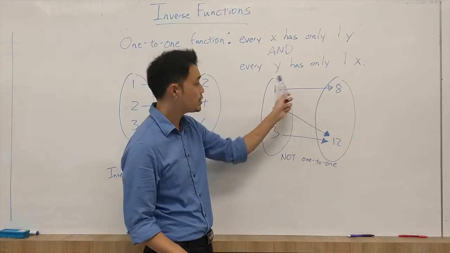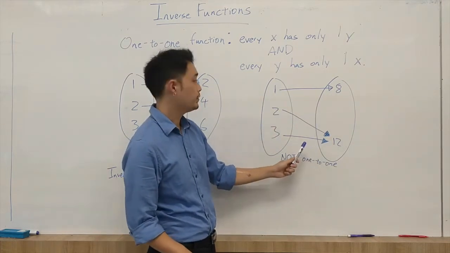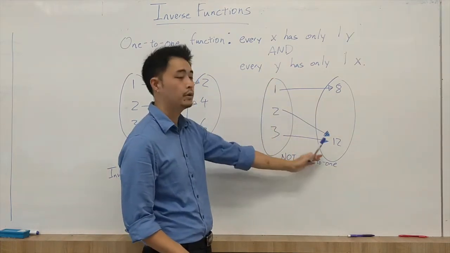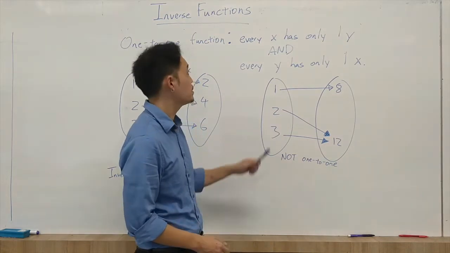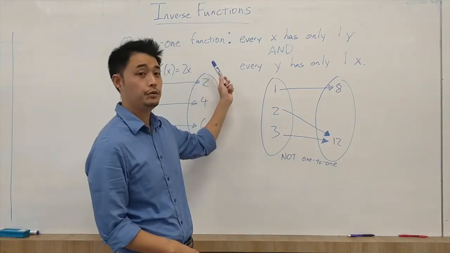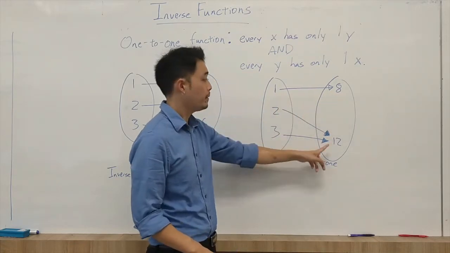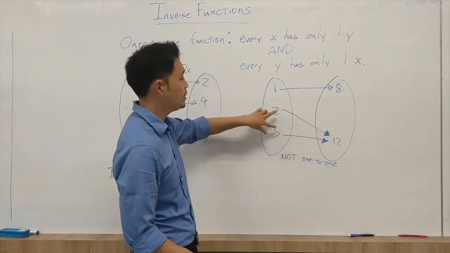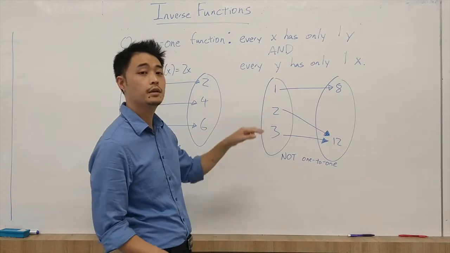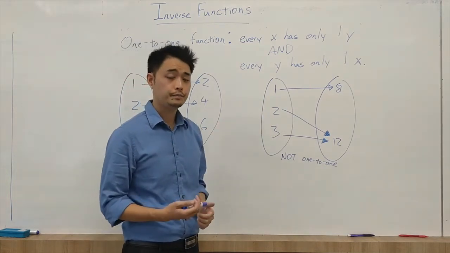Now this is a function because every x has only one y, but this is not a one-to-one function because 8 maps to 1, that's okay, but 12 maps to 2 different numbers. So this is not a one-to-one function.